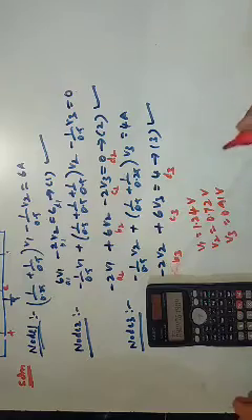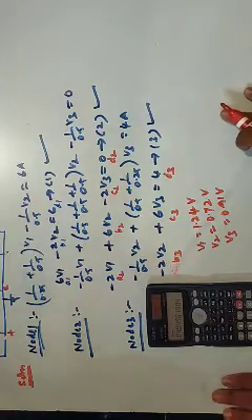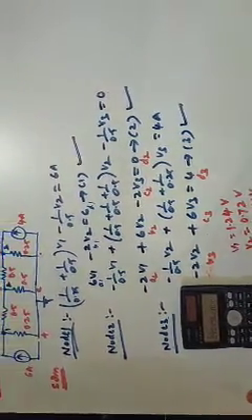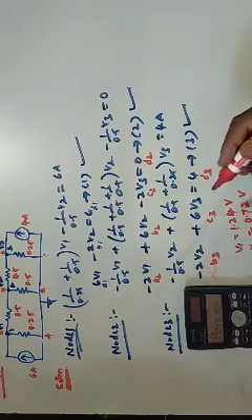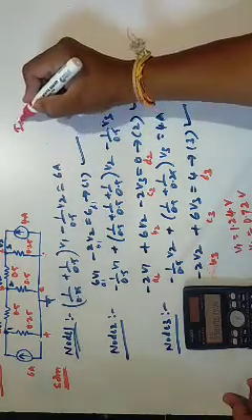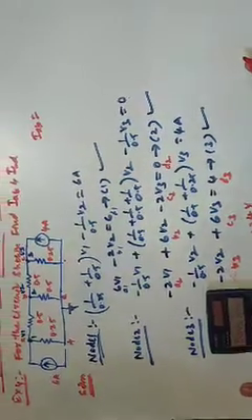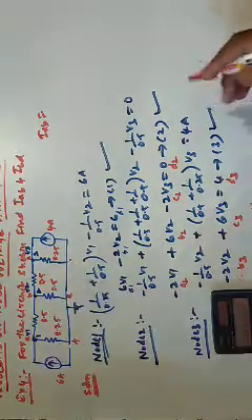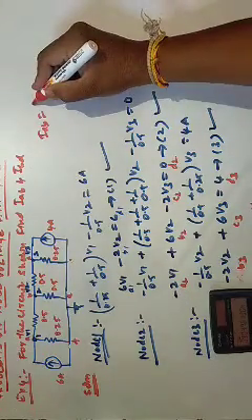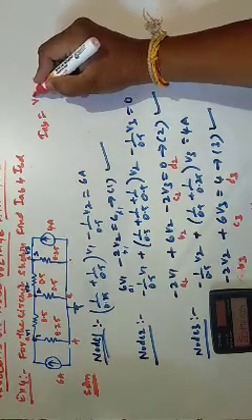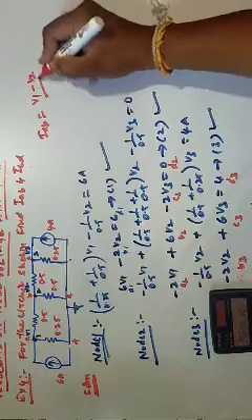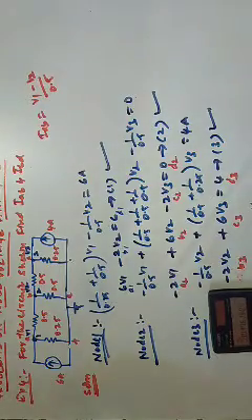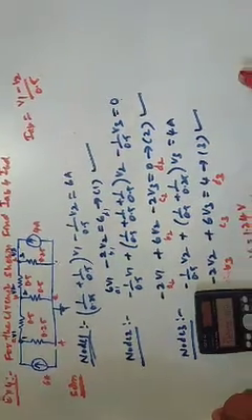In the question, what is asked is to find IAB. Look into the diagram. IAB means these 2 points. That is V1 minus V2 divided by 0.5.